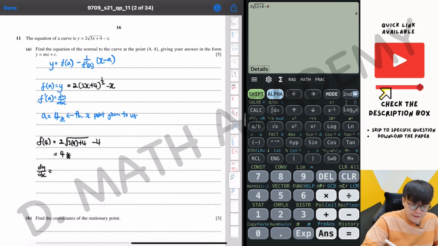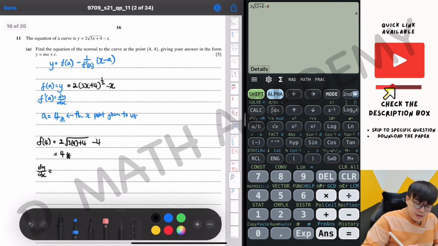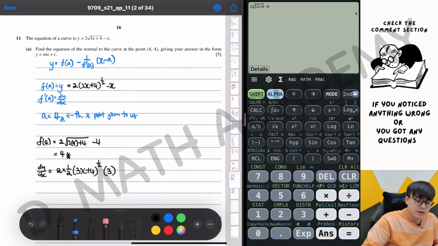Okay, and then when I differentiate this thing here, okay, first thing first, bring out the power, copy back the brackets, decrease the power by 1, and then differentiate the value inside the brackets. As for the x at the back, it's actually only power of 1, so the result of that will be 1 only. So after the entire readjustment, you will actually get to this.